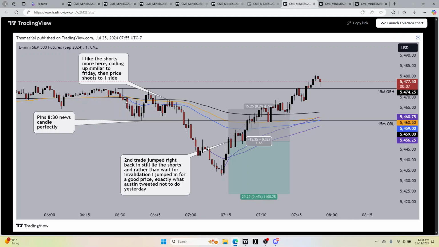Here's a good example. Price falls away, and we're looking to take an in-trend pullback. Now, look at this. This is me buying at just a price level with no confirmation. There's no break of low of day or VWAP.